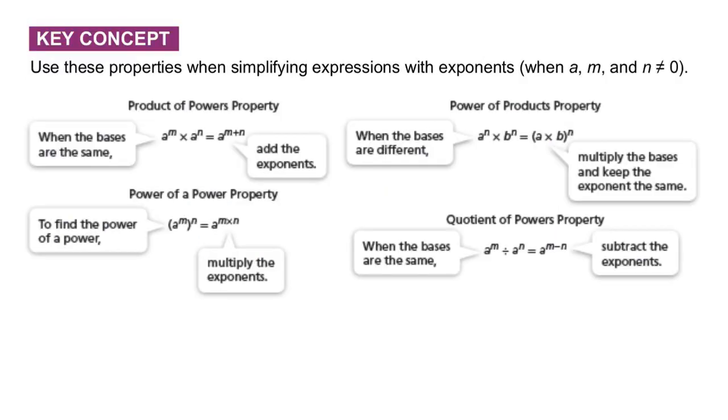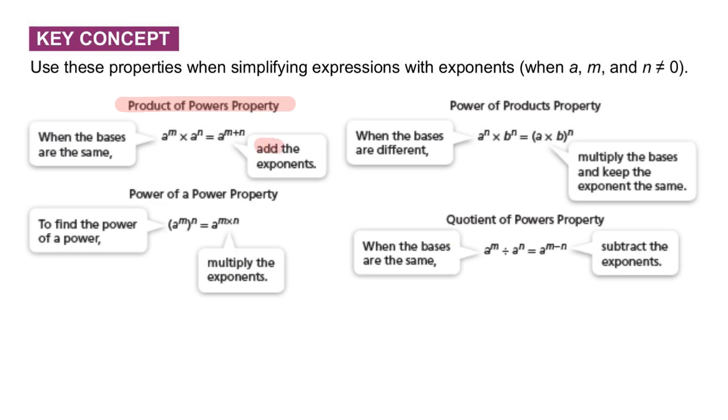Okay, we have moved to page 44 of your workbook. And remember that every time we're at the end of our 2-page lesson, we have a summary. So here is your product of powers property: keep the base, add the exponents.